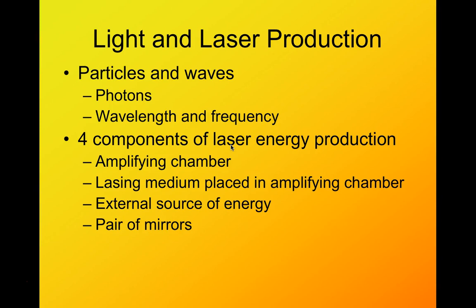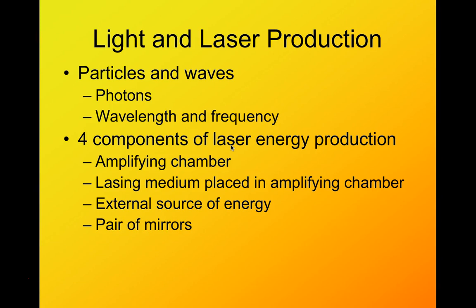As we apply energy to the lasing medium, the atoms inside the medium absorb the energy. When energy excites the atom, it affects the electrons on the outer layer of the atom. A little review of atomic science here: it stimulates those electrons to jump up to a higher orbit.